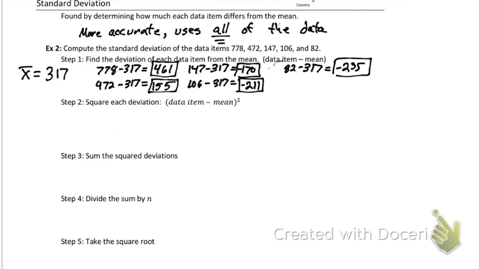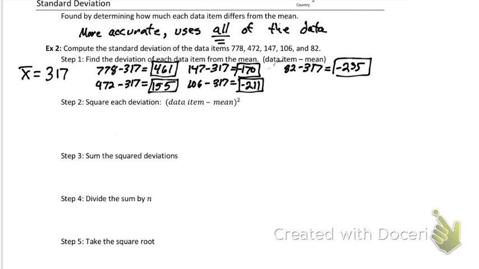Yeah. 500. Ooh, we shouldn't get 500. 0. Brendan, we get 0 out. You should get 0 out because we're looking at the distance from the mean. Your mean is supposed to be smack dab in the middle of your data. So you should have the same amount above as you do below.